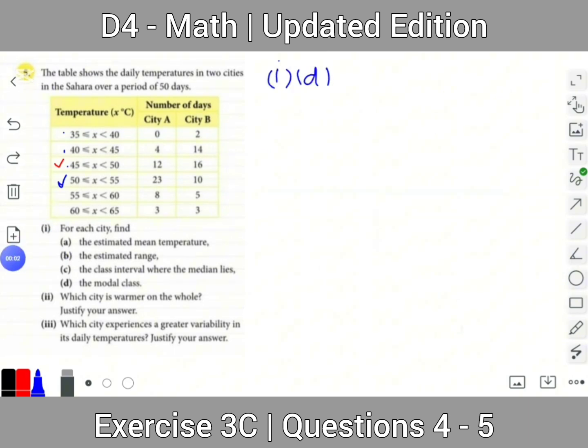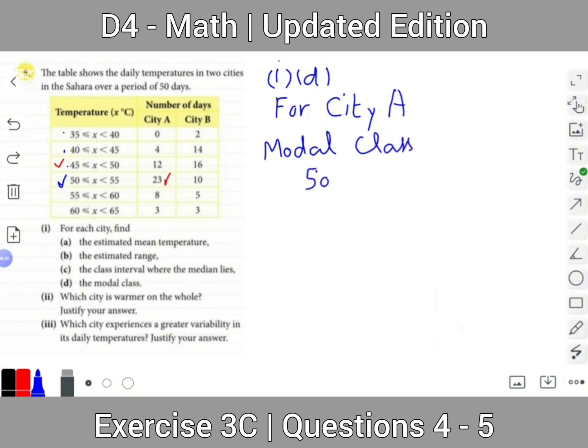Part 1d, for each city we have to find the modal class. So to find the modal class, we have to identify the class interval with the highest frequency for city A and for city B respectively. So the class interval with the highest frequency for city A has the highest frequency of 23. So the modal class for city A is 50 less than or equal to x less than 55.